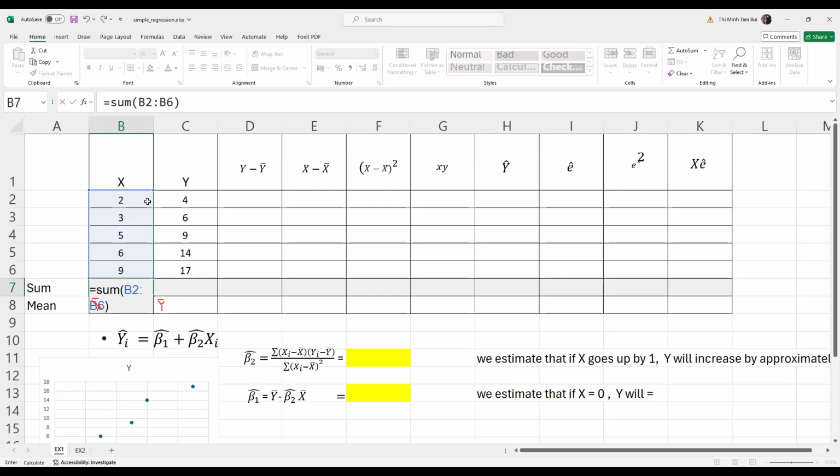Yes, good. You can do it for Y also. Good. Okay. Equal SUM, and open bracket. Yes. Good.